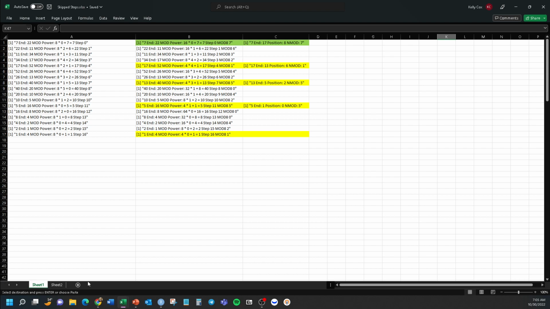So from 7 I can skip the next odd number, because I have a formula that tells me, if I'm not at a mod 4, I'm at a 7 mod 8, what the number between 7 and 17 is.